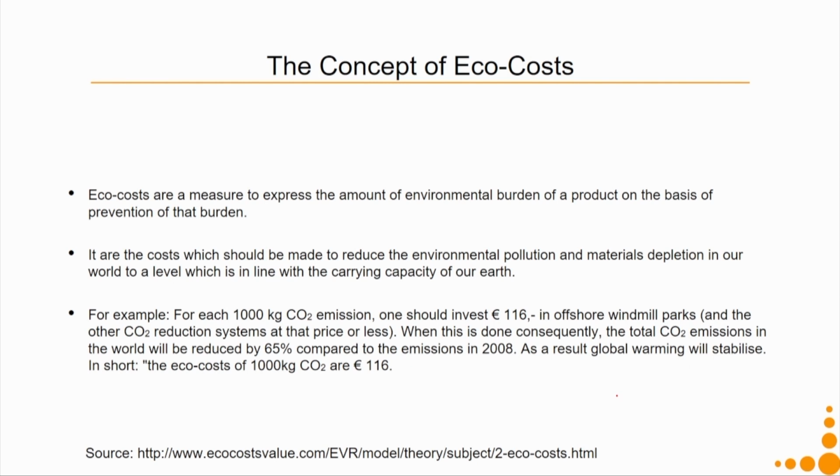So now coming back to the definition again, eco costs are a measure to express the amount of environmental burden of a product on the basis of prevention of that burden. So I explained it with an example of carbon dioxide emission, which is regarded as a greenhouse gas which causes global warming. So carbon dioxide emission is one of the parameters of eco cost.